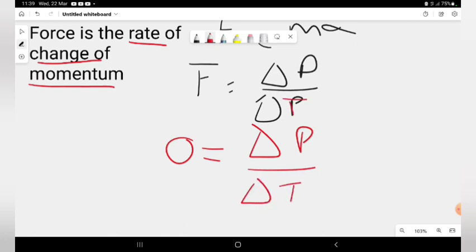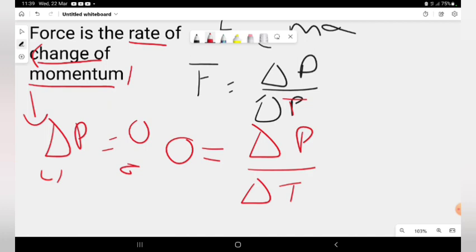So time cannot be 0, hence we have proved that delta p will be equal to 0. And what does this mean? Delta p is nothing but the change of momentum. So if there is 0 change in momentum, the momentum is going to be constant.